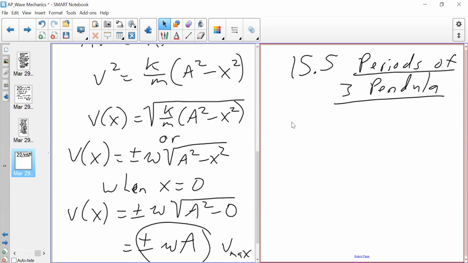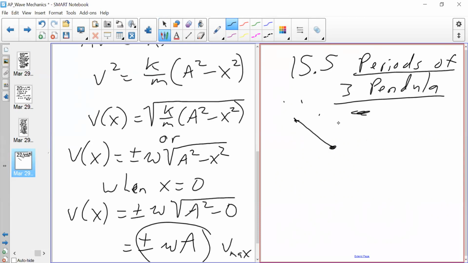So let's say that we had a regular pendulum. Let me draw.